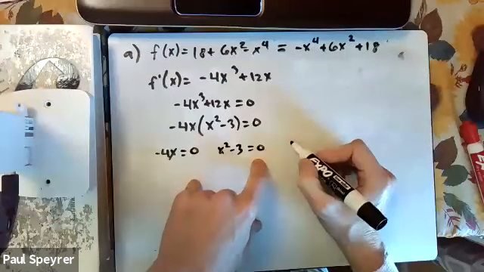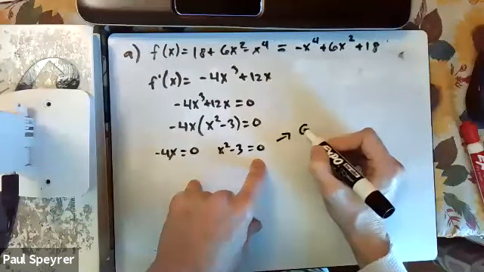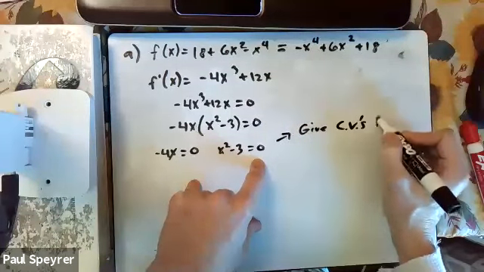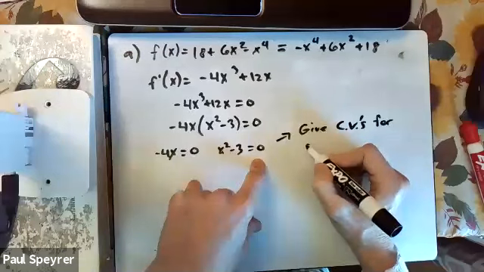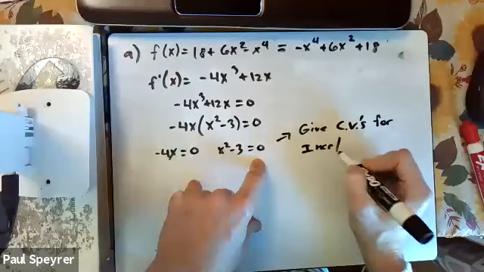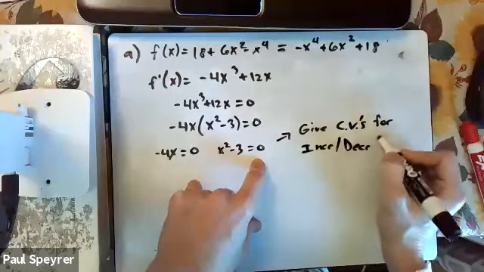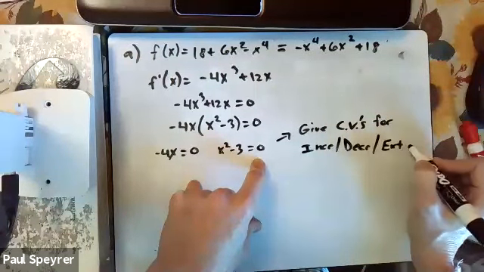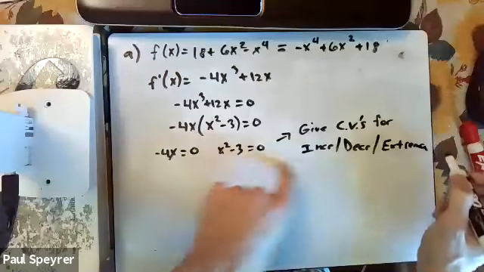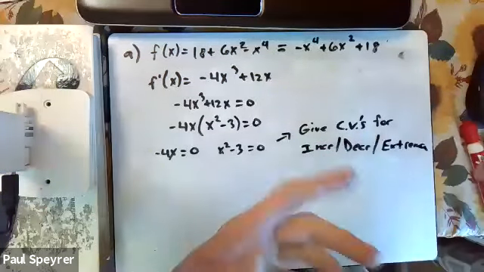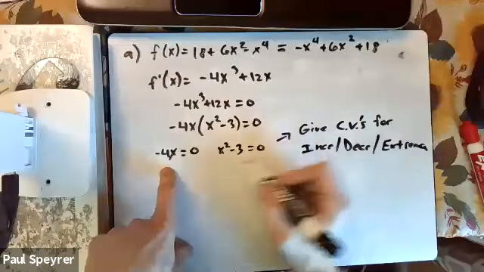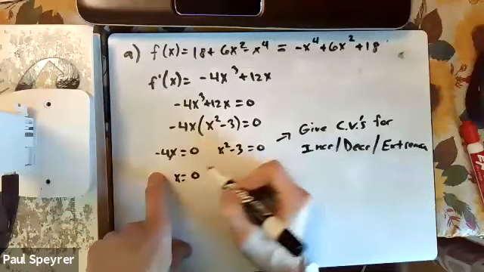Remember, these are critical values, CVs, for increasing, decreasing, and extrema, right? That means local max or min. That's the first derivative stuff. So one of our critical values is x equals 0, right?